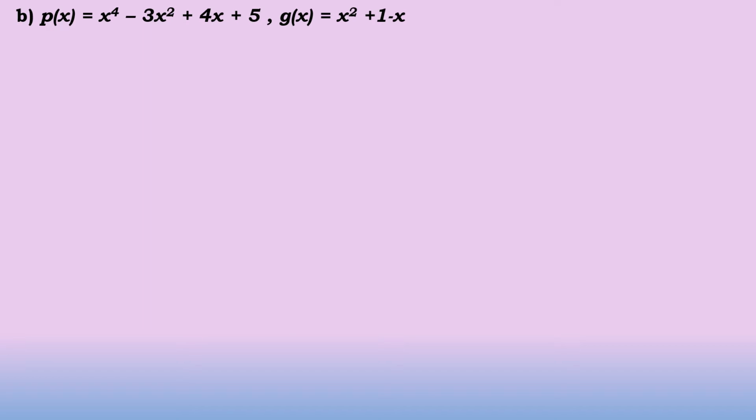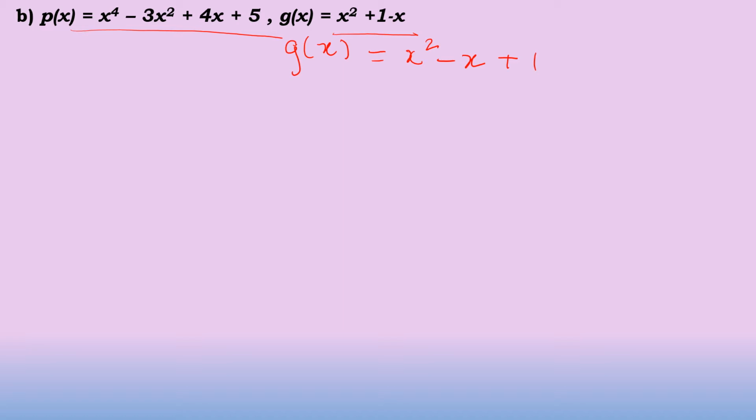Let us check the dividend. Yes, p of x is given in the standard form. How about g of x? G of x is not given in the standard form. So you need to write g of x in the standard form. How will you write? It will be x square minus x plus 1. This is how you write this in the standard form.